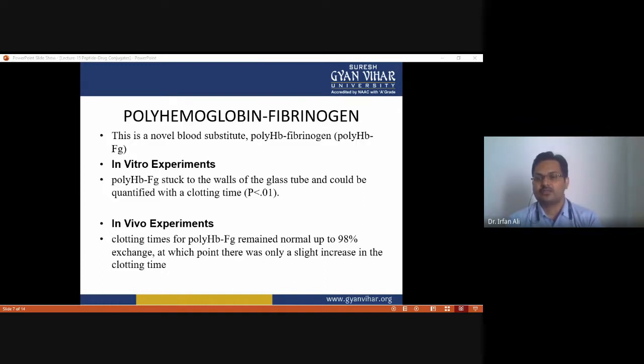It was observed that with polyhemoglobin the clot that formed did not adhere to the glass tube and no clotting time could be assessed, and on the other hand all of the clots that formed using polyhemoglobin-fibrinogen stuck to the wall of the glass tube and could be quantified with a clotting time, okay, with a significant value.